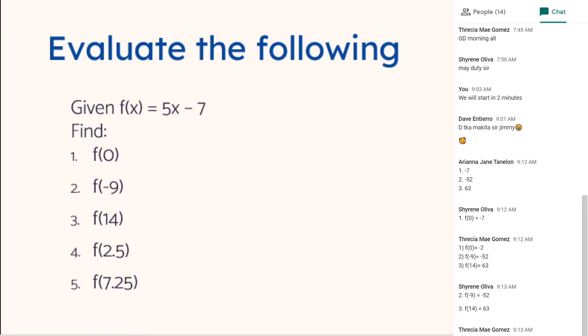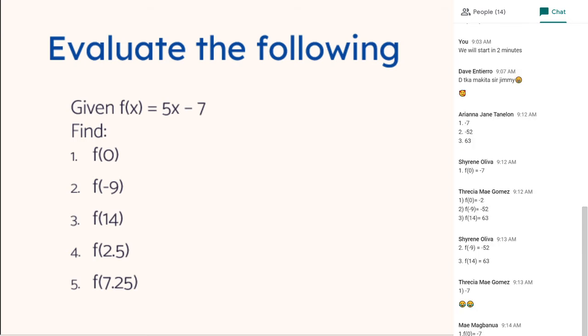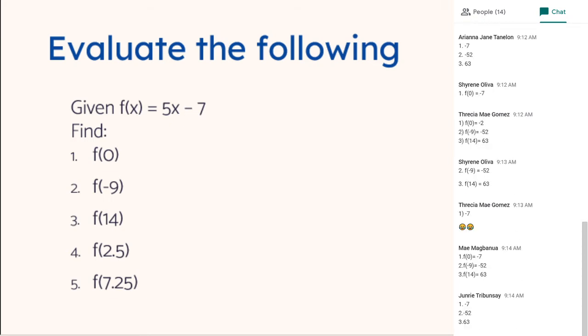Ang number 1 kay Ariana, we have number 1 is -7. Number 2 is -52. Number 3 is 63. Ang kay Shireen, ang number 1 niya same man -7, pero kay Tricia ang number 1 niya is -2.